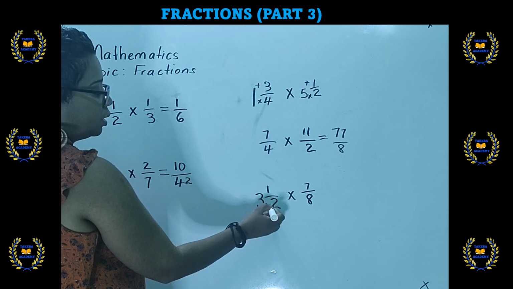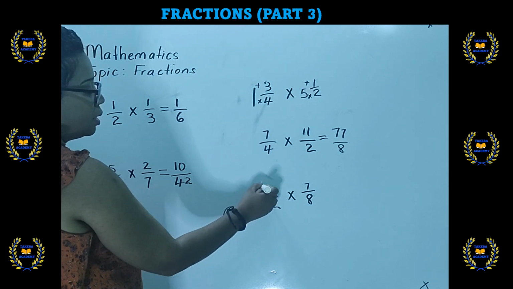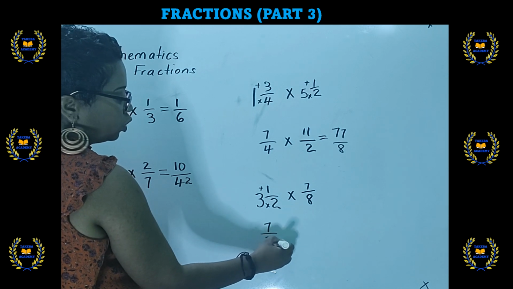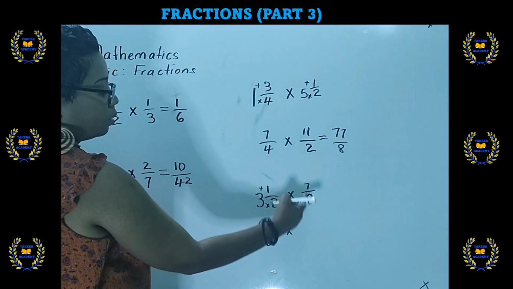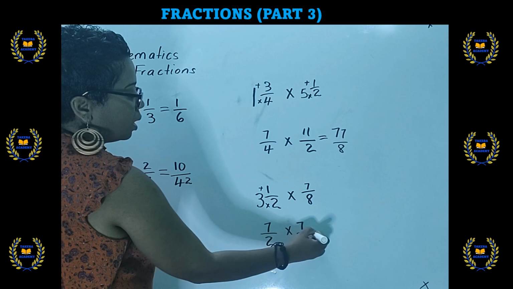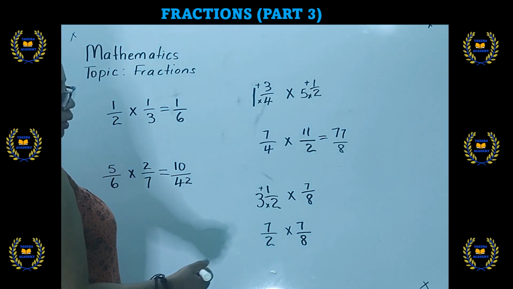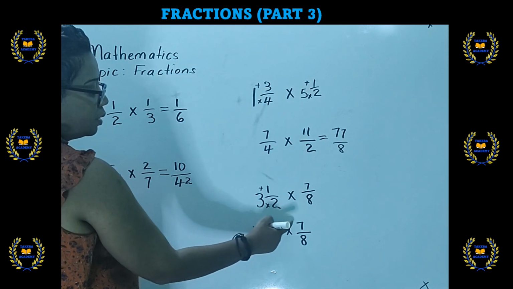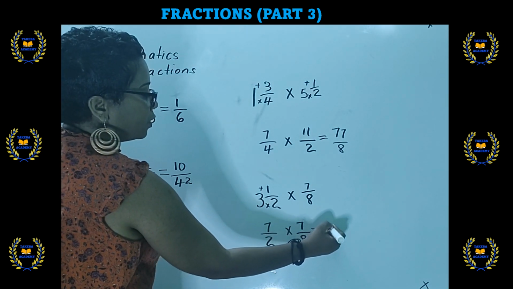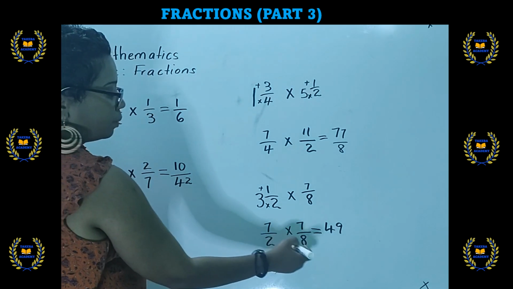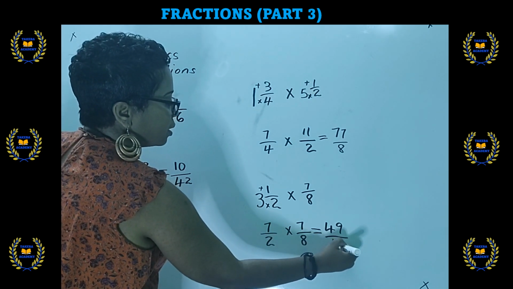So again, 3 times 2 is 6. 6 plus 1 is 7. 7/2 times, again, we write this back as it is. Didn't need to change it, right? So now we say 7 times 7. 7 sevens, 49. And 2 times 8 is 16.